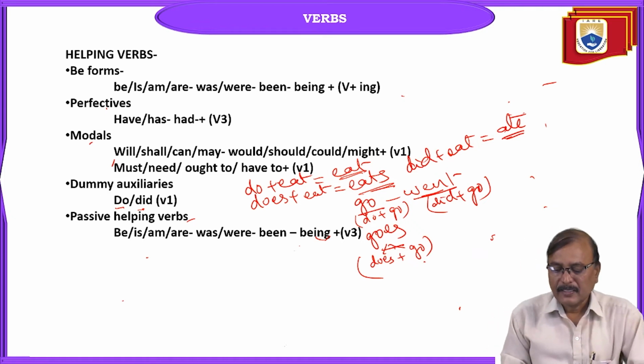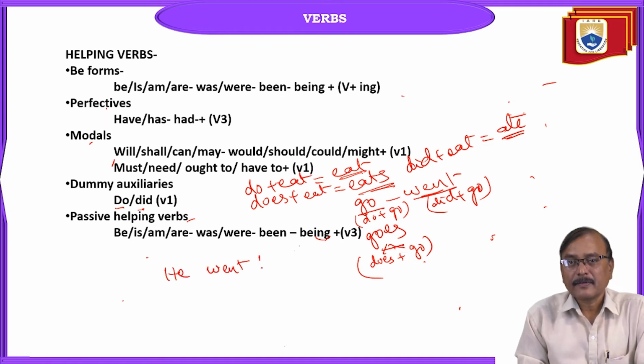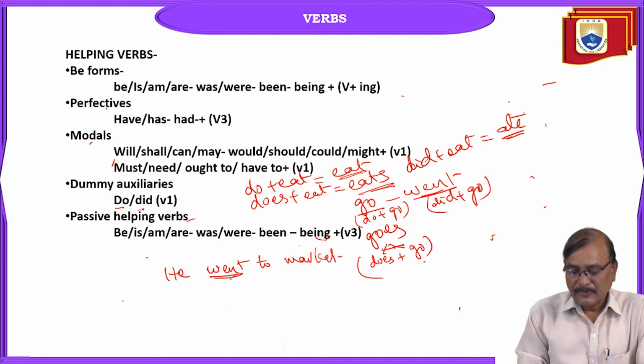Then, what is the importance here? For example, he went to market. If it is written in the negative sentence, we have to bring out the helping verb, this did, with go.